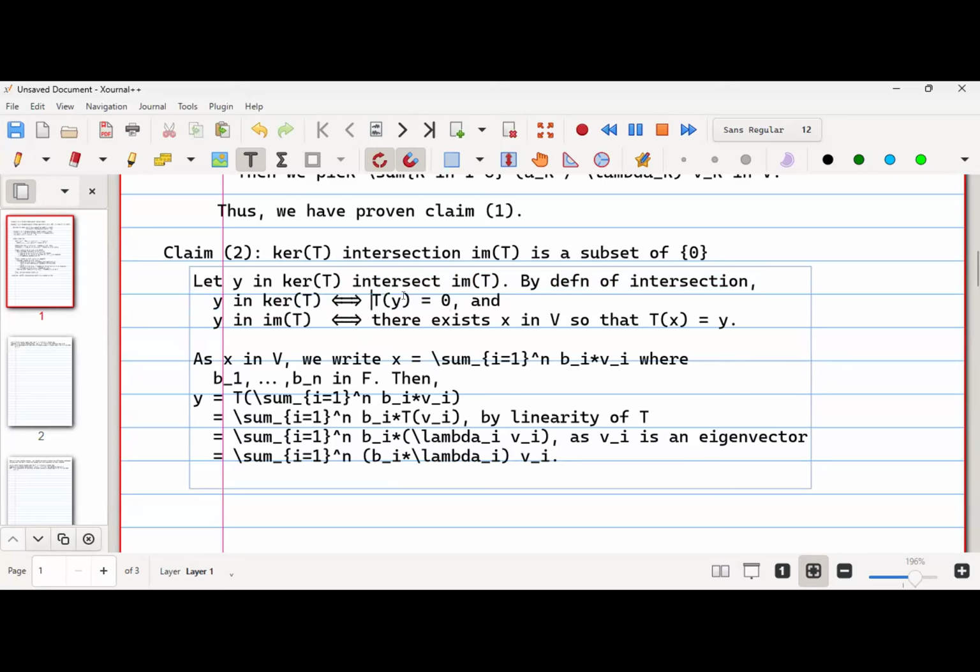And it tells us from our assumption that Ty is equal to 0. So let's try this. It's a bit of an unconventional way of doing this, but let's just run with it anyway.